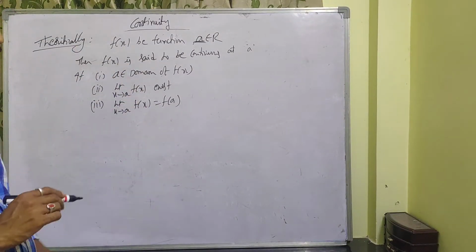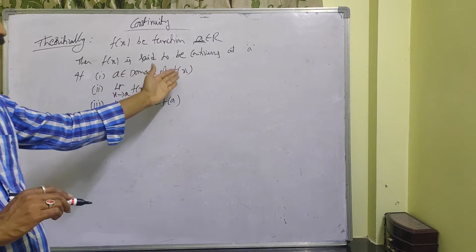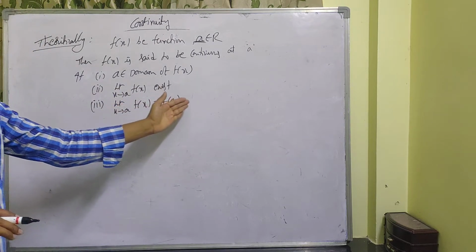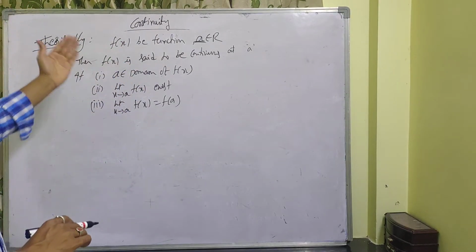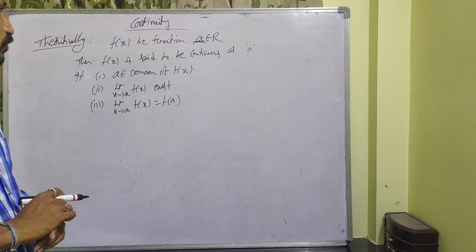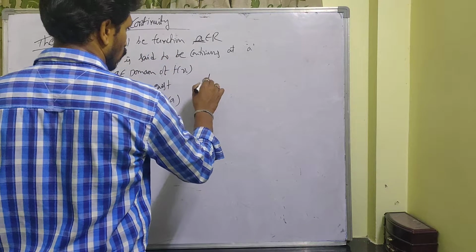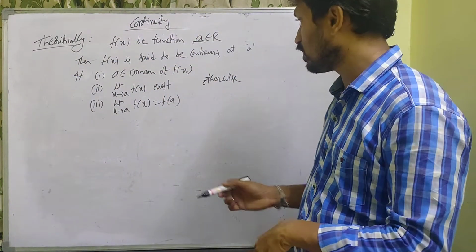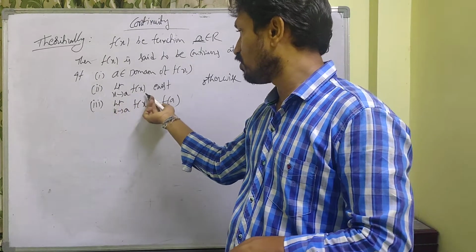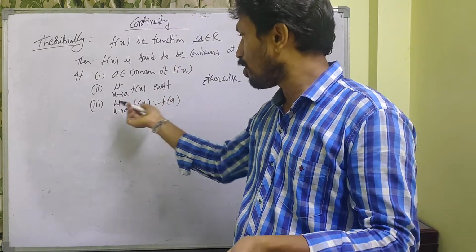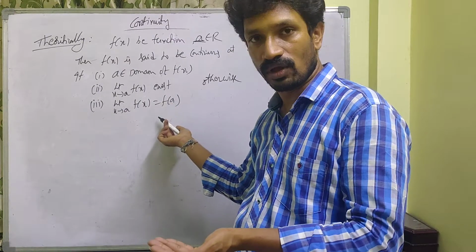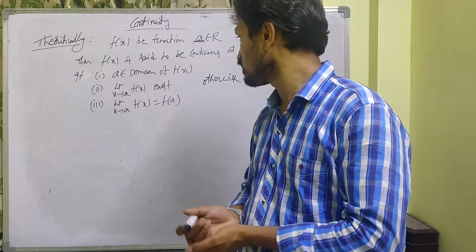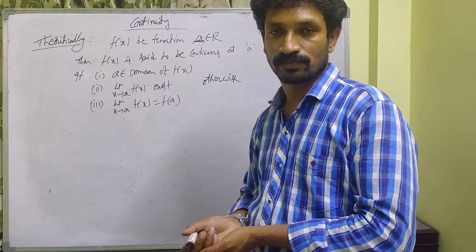If these three hold, then f of x is continuous. Otherwise, that means if the limit as x tends to a of f of x does not exist, or the limit is not equal to f of a, if any one of these does not hold, then f of x is not continuous.